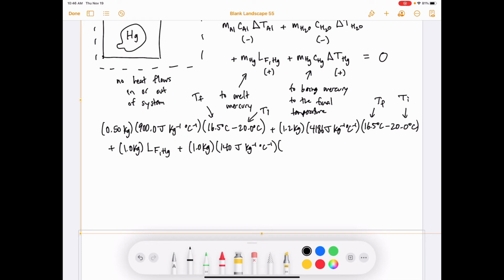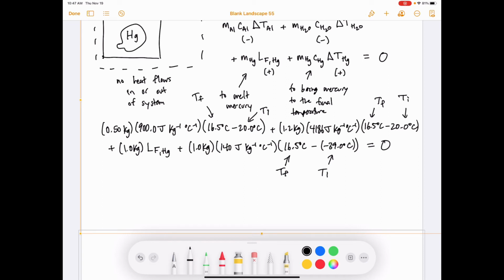And then the temperature change for the mercury is different. So T final is 16.5 degrees Celsius because everything reaches the same final temperature. But for the mercury, the initial temperature is actually minus 39 degrees Celsius. That's T initial for the mercury. So all of that is equal to 0.